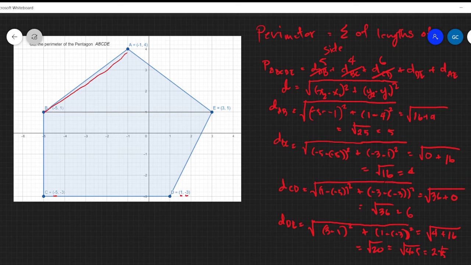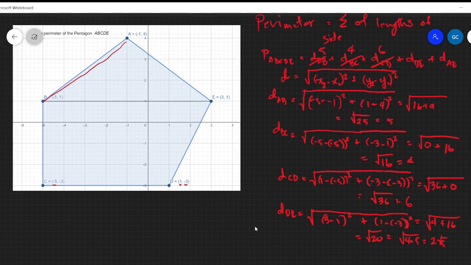So for the last part, we have the distance of A and E. This is the same concept. Let's use 3 as our second point.